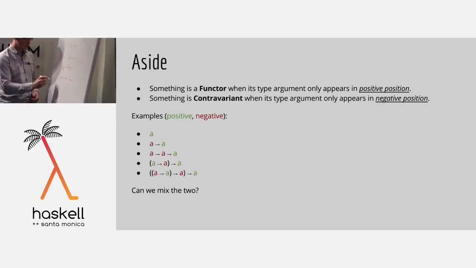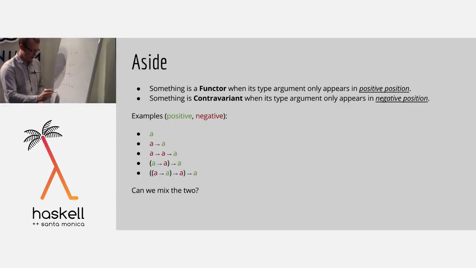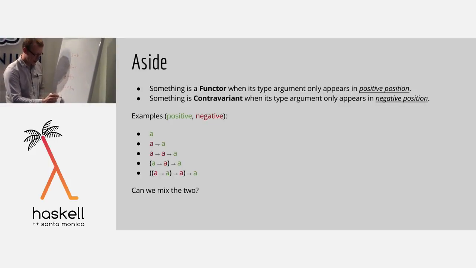So that would be like trying to write, here's a simpler example, right? I claim that you can't write a functor instance for this, and the reason is that a appears in a negative position. If we try to write an instance for that, we'll see where it goes wrong.